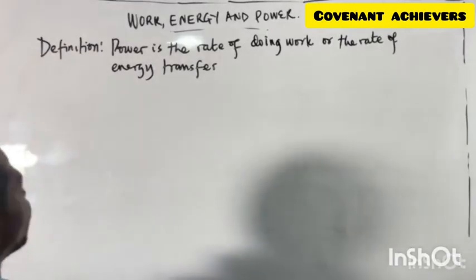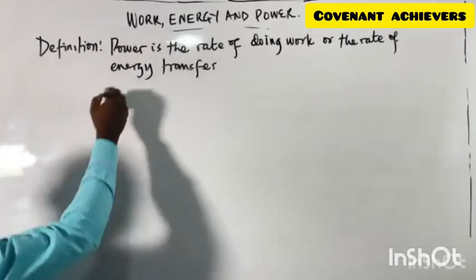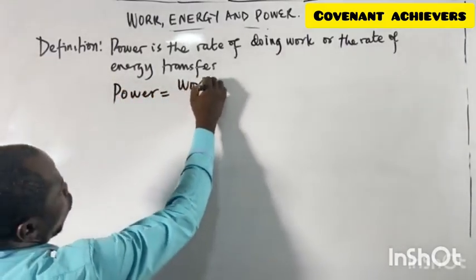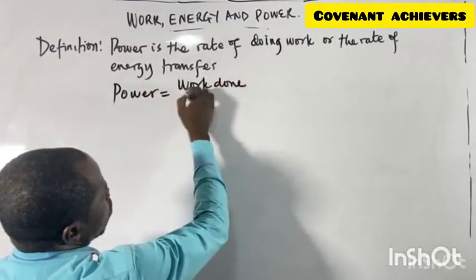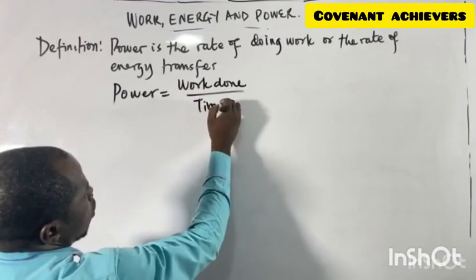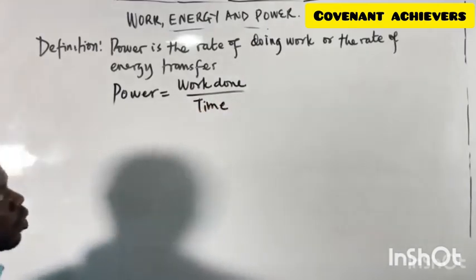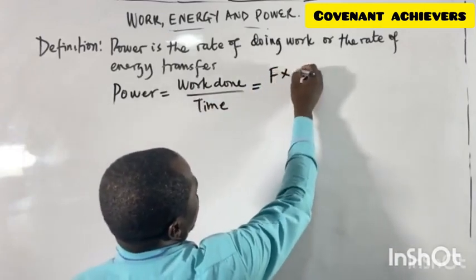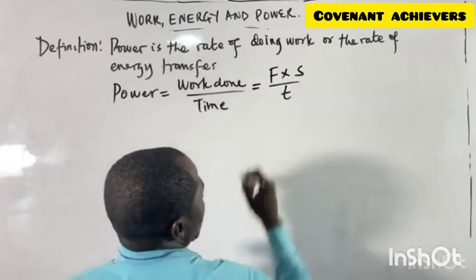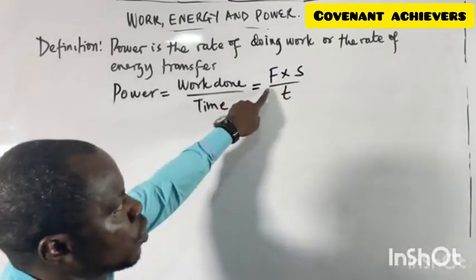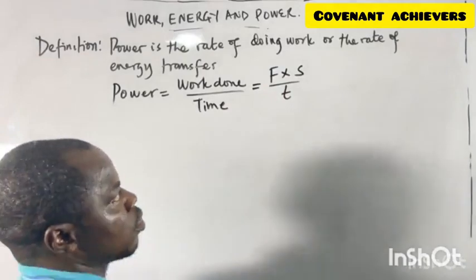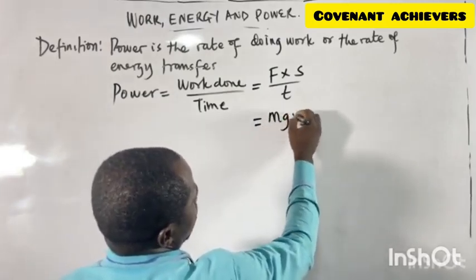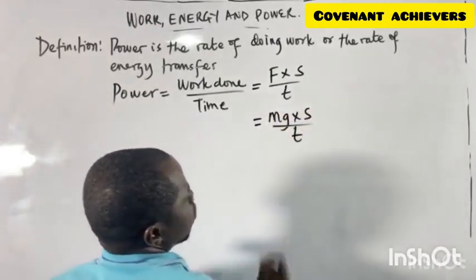And we have seen that in this case, how do you now calculate power? Power is equal to work done over time. And from there, what is work done? Work done is equal to force times distance, divided by time. And also we know that force is equal to mass times acceleration due to gravity. So we can as well define it as mg times x over time.